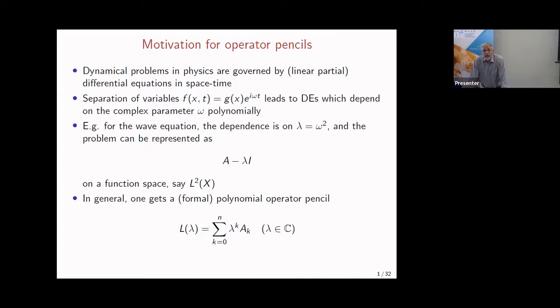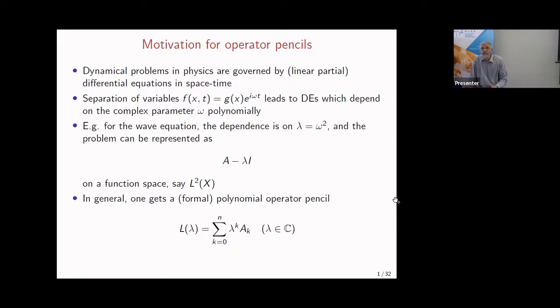So let us look at, in general, a formal polynomial operator L of lambda, which is the sum over k from 0 to L of lambda to the power k times A_k, where the A_k are certain linear operators.